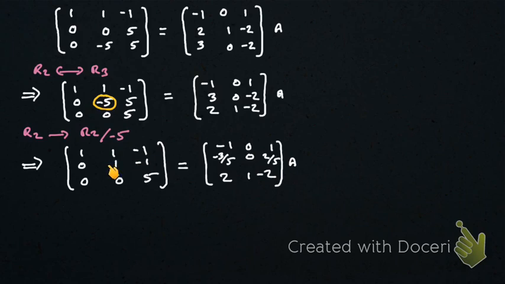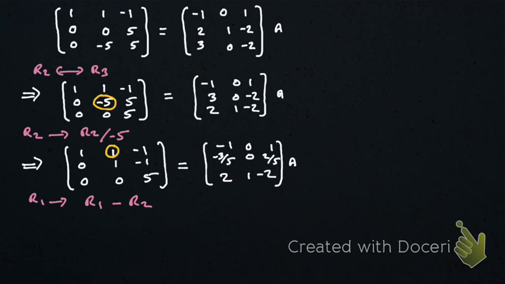So I have made A22 into 1. Now what I need is, once A22 is made 1, up and down should become 0. Above that and below that should be 0. Below that is already 0, so I just want the element above that to be 0. That's pretty easy. I could say R1 changes to R1 minus R2. From the first row, you subtract the second row because 1 minus 1 will make it 0.